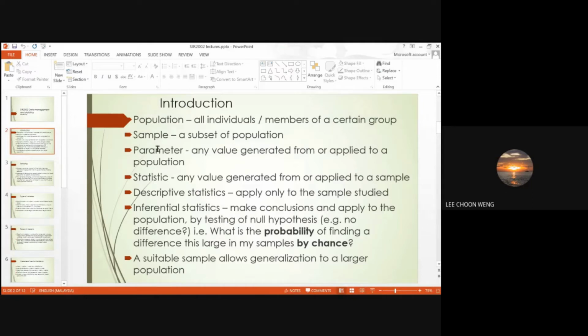sampling is important. You have to obtain a suitable sample that allows you to generalize to a larger population. That means when you sample, you must be very certain that your sample adequately represents the population at large.